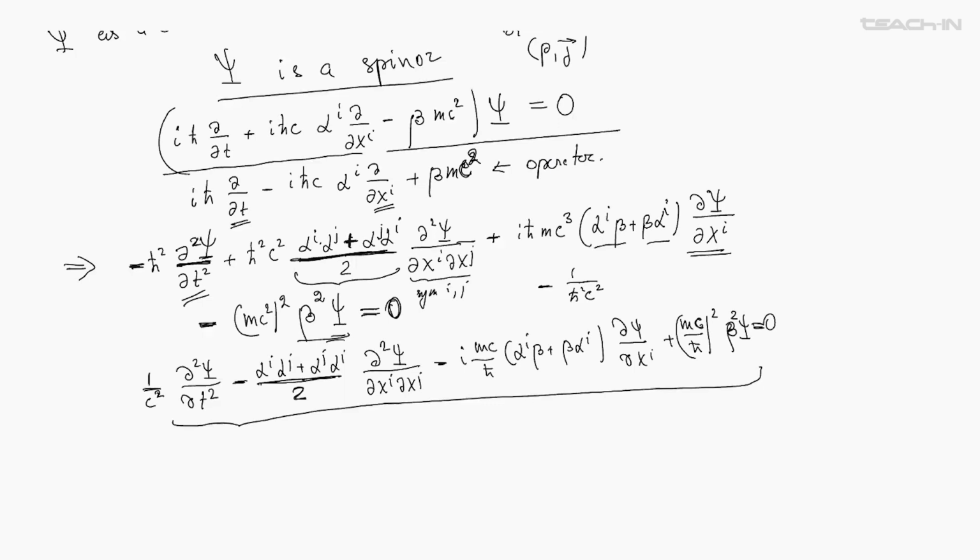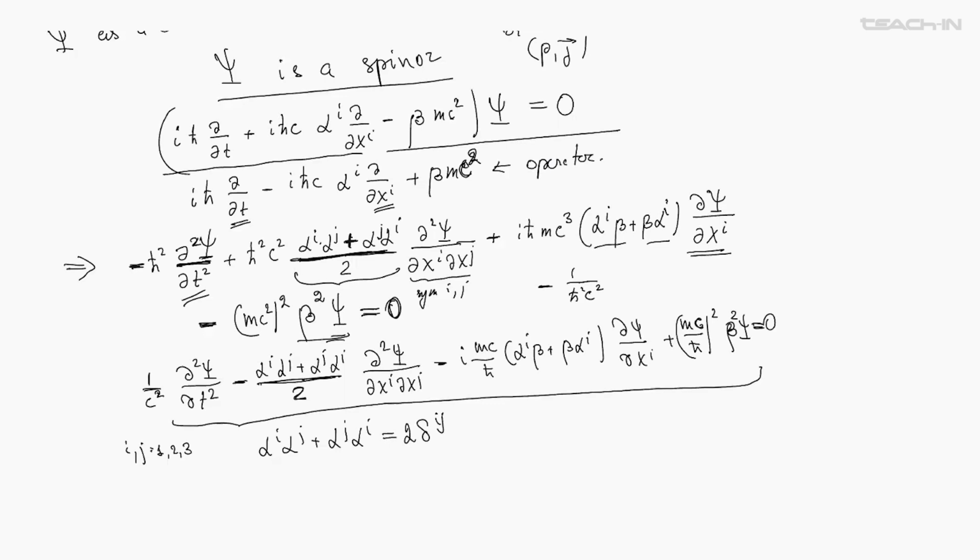You see that you need to impose the following. Alpha_i alpha_j plus alpha_j alpha_i must be equal to 2 multiplied by delta_ij, where i and j run from 1 to 3. Then this will turn simply into the second derivative of psi with respect to x_i squared.